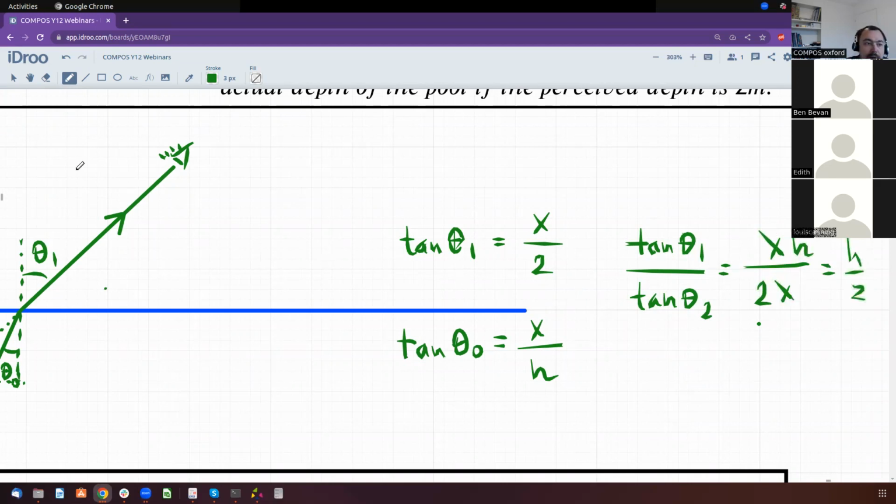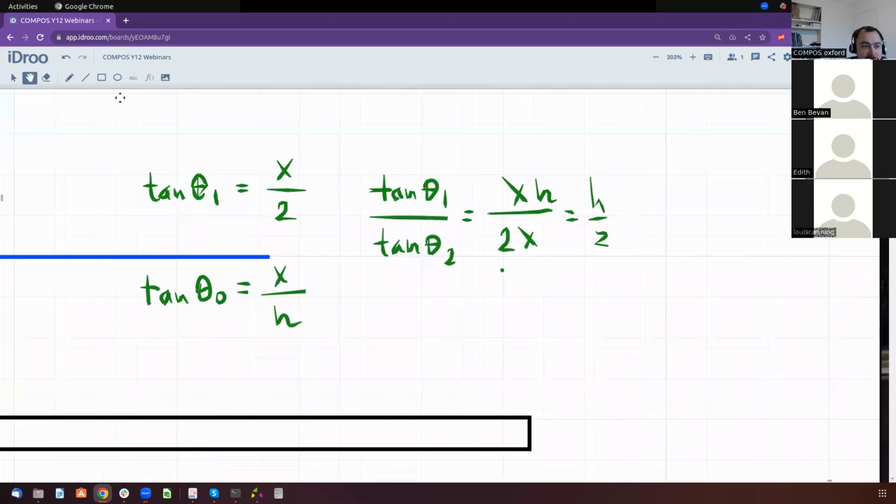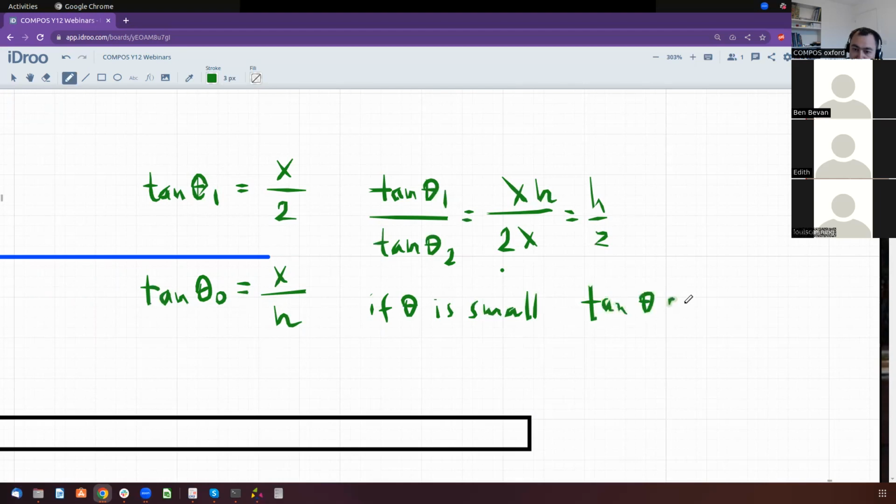On the other hand, for small angles of theta, tan theta is approximately equal to sine theta. So we can use that. It's approximately equal to sine theta 1 divided by sine theta 2, which is equal to h over 2.